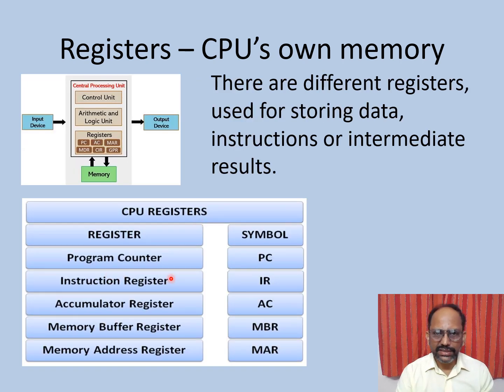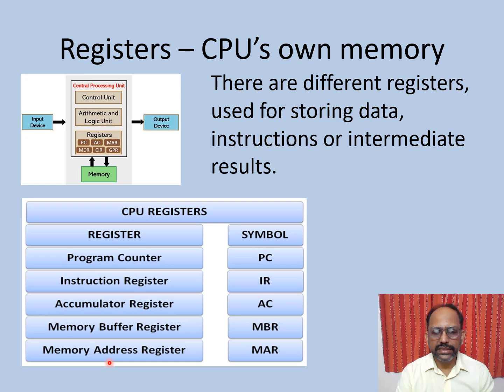We have different registers for different purposes used by the CPU. That is the program counter, PC in short we call it, instruction register IR, accumulator register AC, memory buffer register MBR, memory address register MAR.